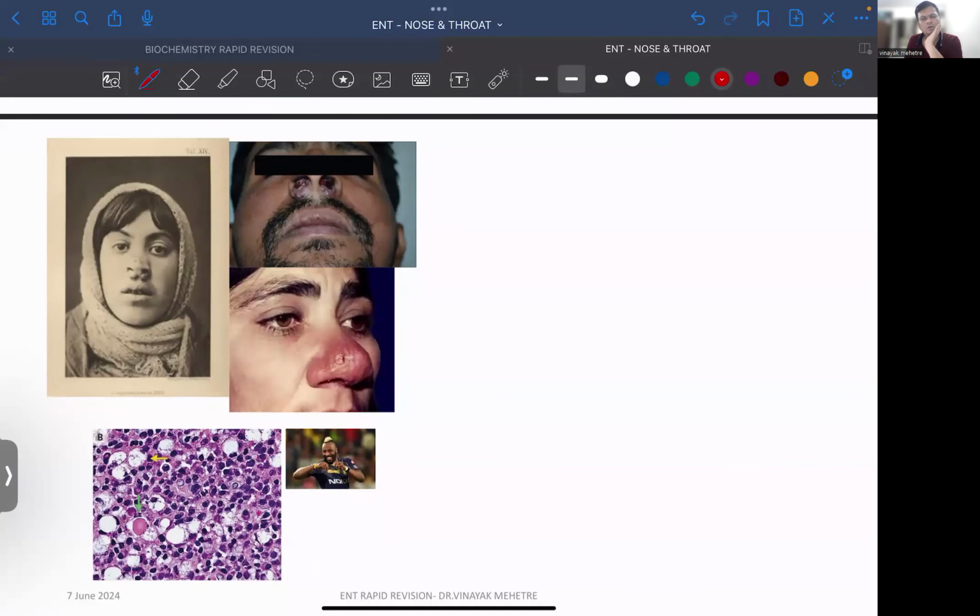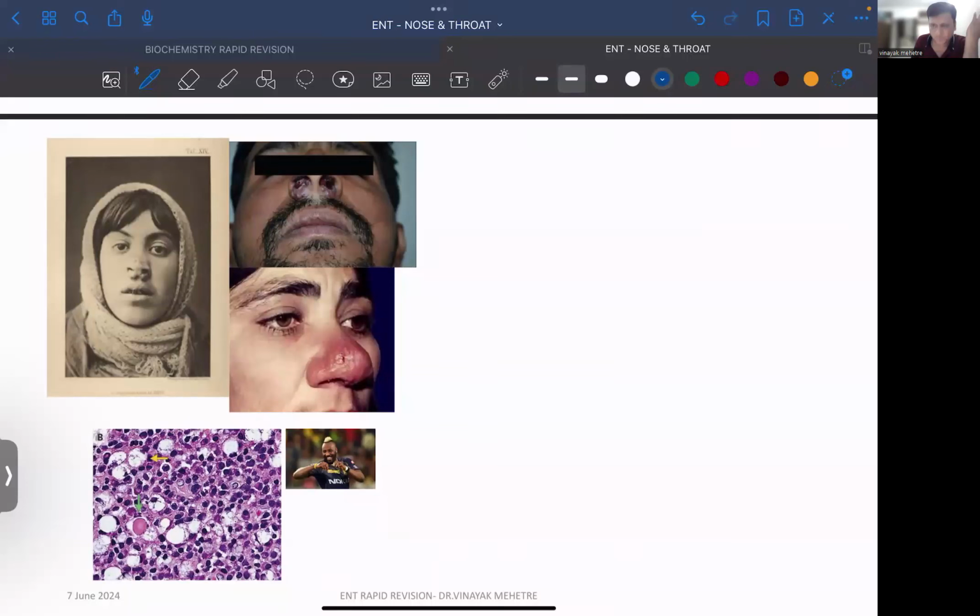A patient from UP and Bihar now coming with tightening or crust formation in the nose. Tightening of nose or crust formation in nose.